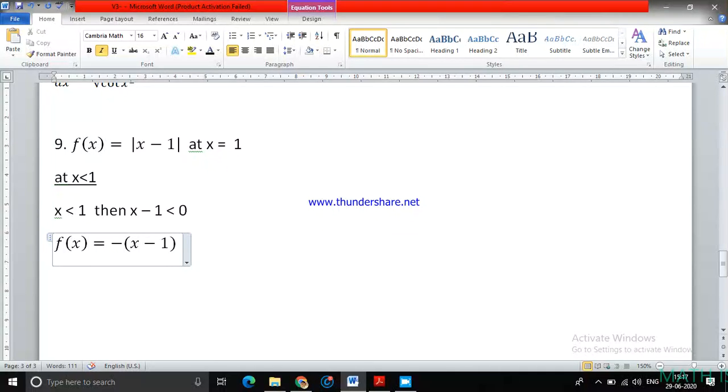Why am I putting the minus before the x minus 1 term? Because according to the mod x definition, if x is less than 0, then mod x equals minus x. So here I will get minus x plus 1, or you can put 1 minus x. So if x is less than 1, my f of x is going to be 1 minus x.